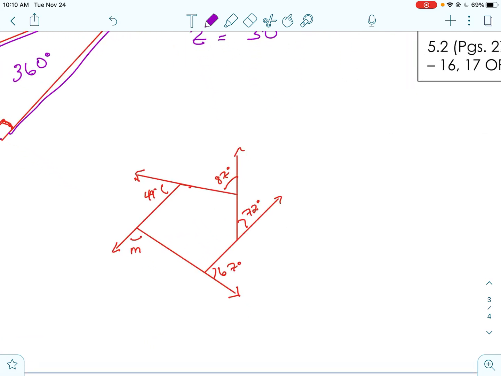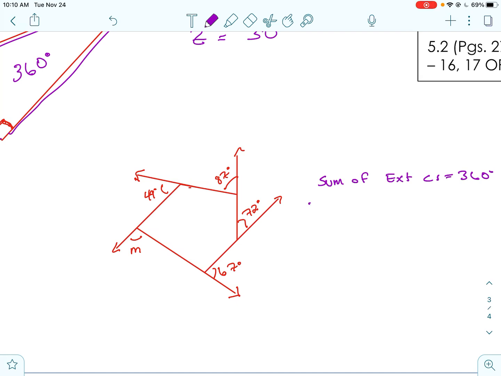Now, let's take a look at this last one. I want to find out what angle M is. We know that these are all exterior angles that are shown to us. If those are all exterior angles, we know that the sum of the exterior angles equals 360 degrees at all times for any polygon.